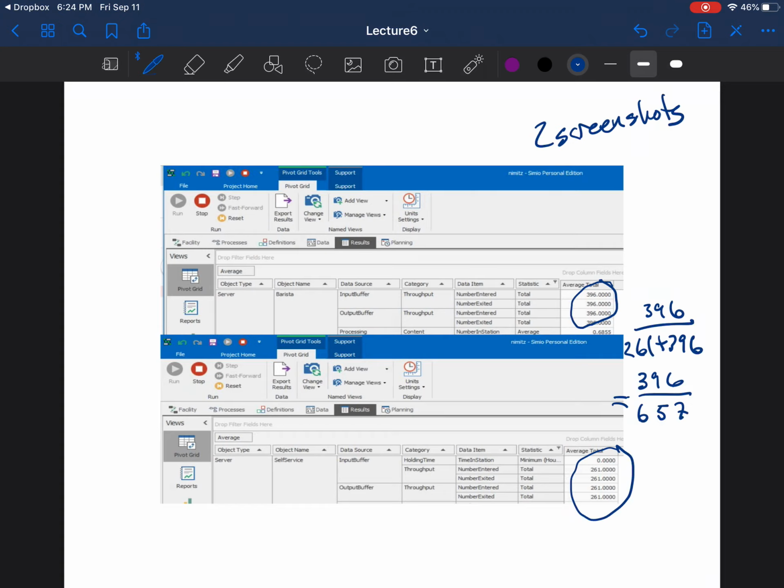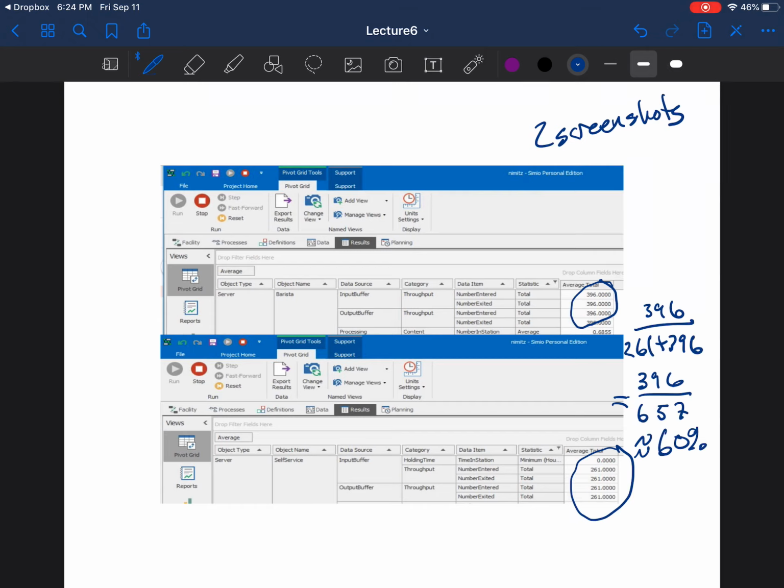And you can see that is roughly 60% of the total customers that entered indeed went over to the barista. Very roughly speaking, it's probably not exact. It's not exactly 60%, of course, but it's pretty close to 60% of the customers that enter the system went over there. So we can see that it's working.